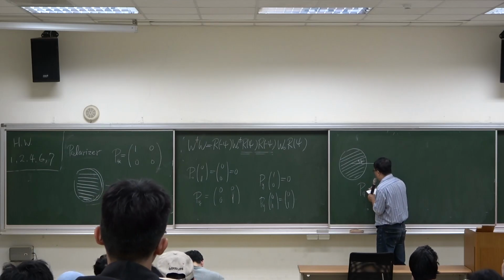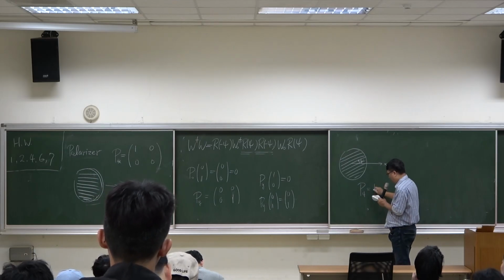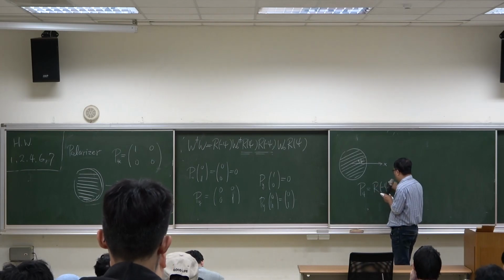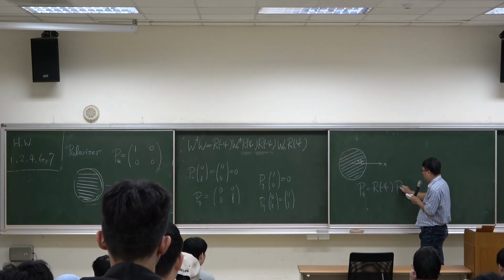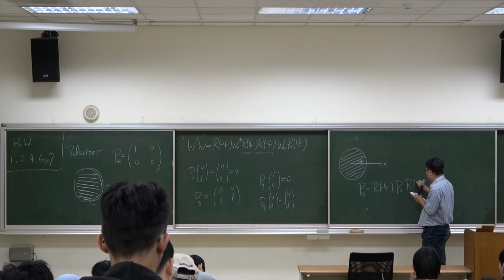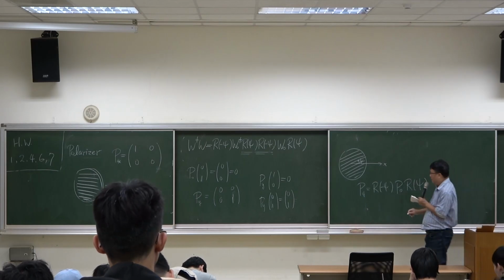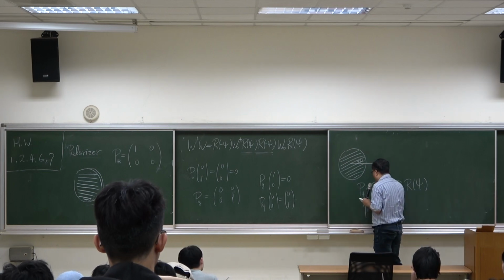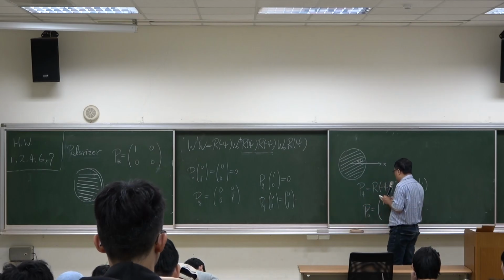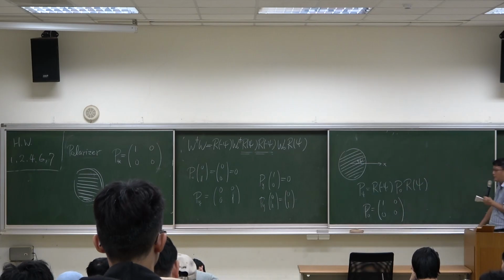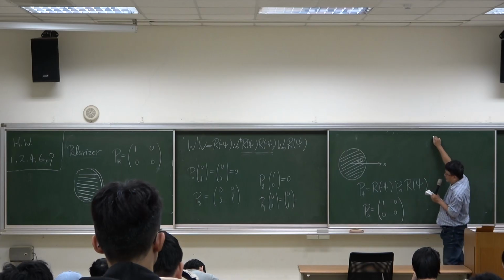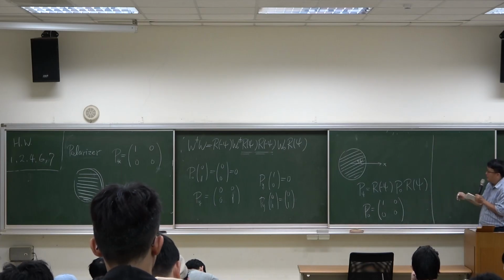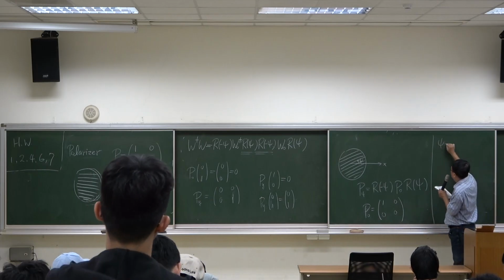I can write this as P psi equal to R minus psi times P0 times R psi. Okay, here P0 is this, the x polarizer. Let me try to check the result for psi equal to half pi.